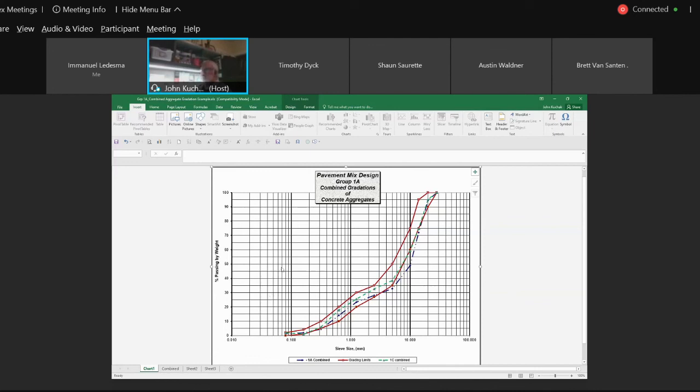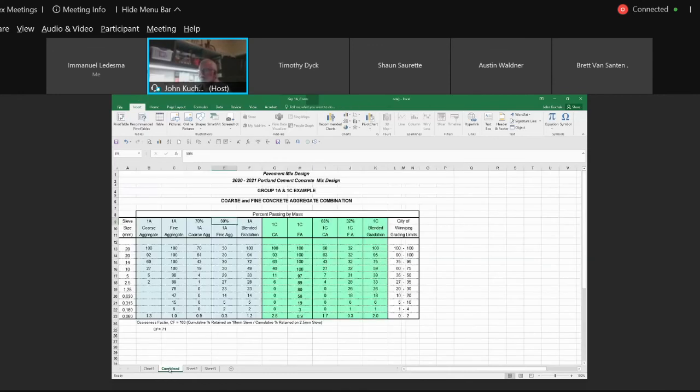So what I want you guys to do for next week is take your individual gradations, put them on a spreadsheet, do it manually, I don't care, and come up with a combined grading. Try and get it into that spec as close as you can. You may not be able to.